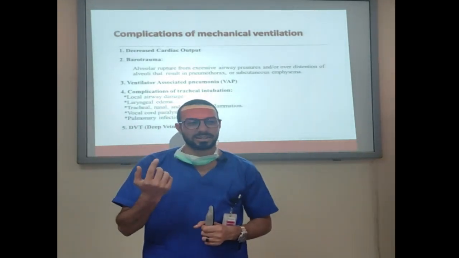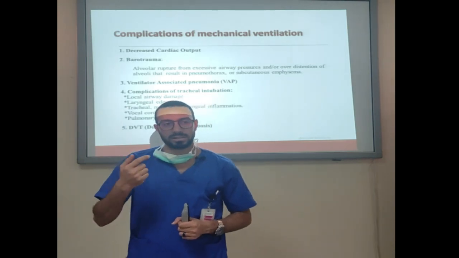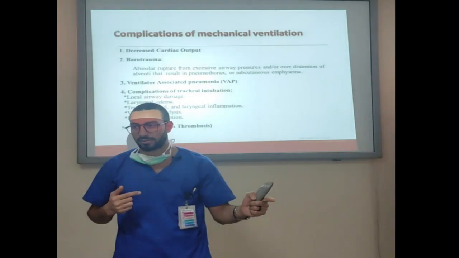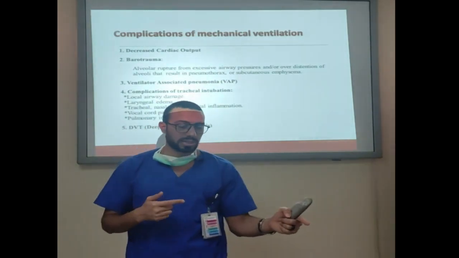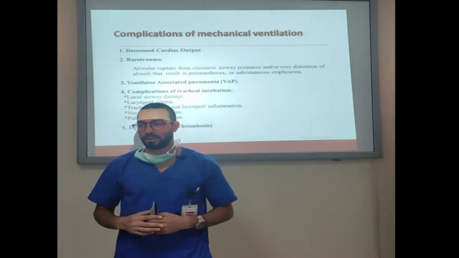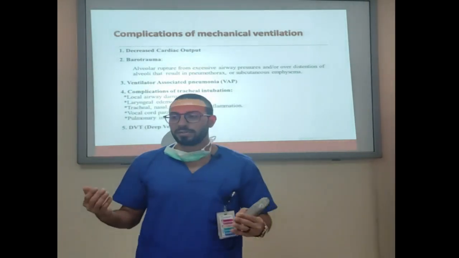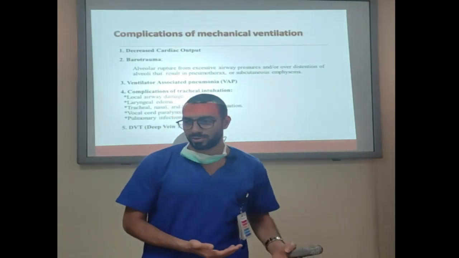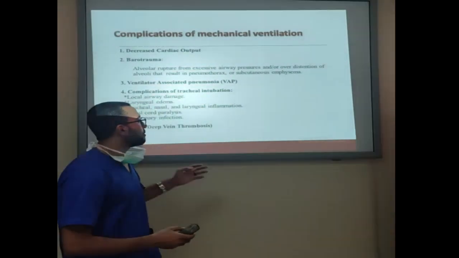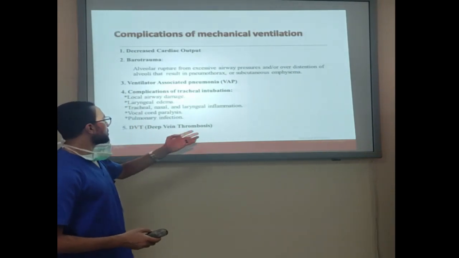We gave it to him in the nasogastric tube, and we could catch it in the suction from the endotracheal tube. So it's a very bad problem. There is a fistula. Every feeding you give to the patient will go to the lung, which is a very bad problem. So anyway, these are the complications of tracheal intubation.